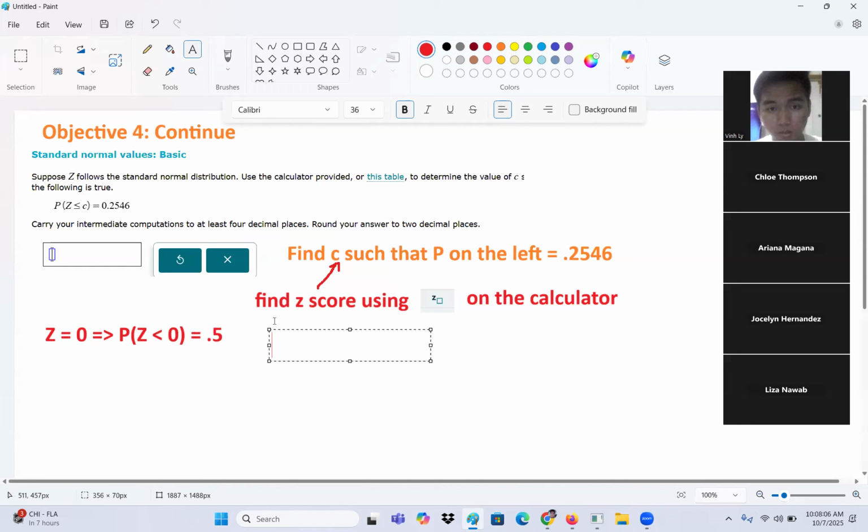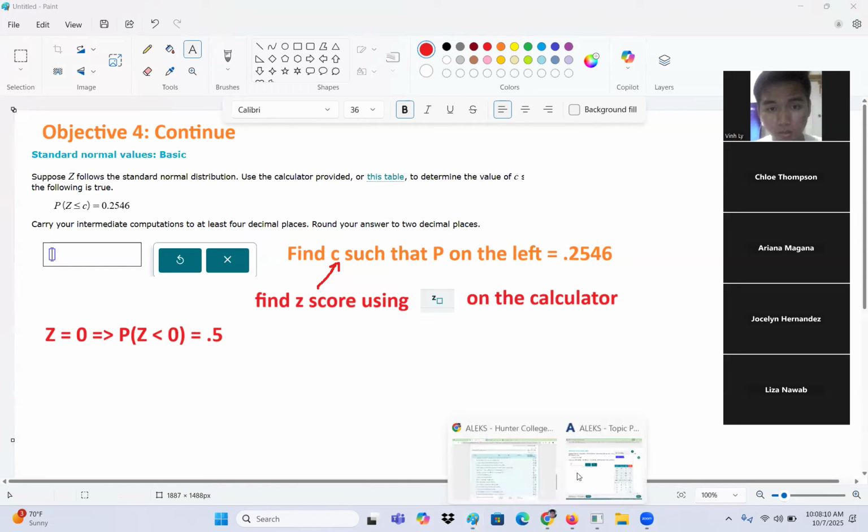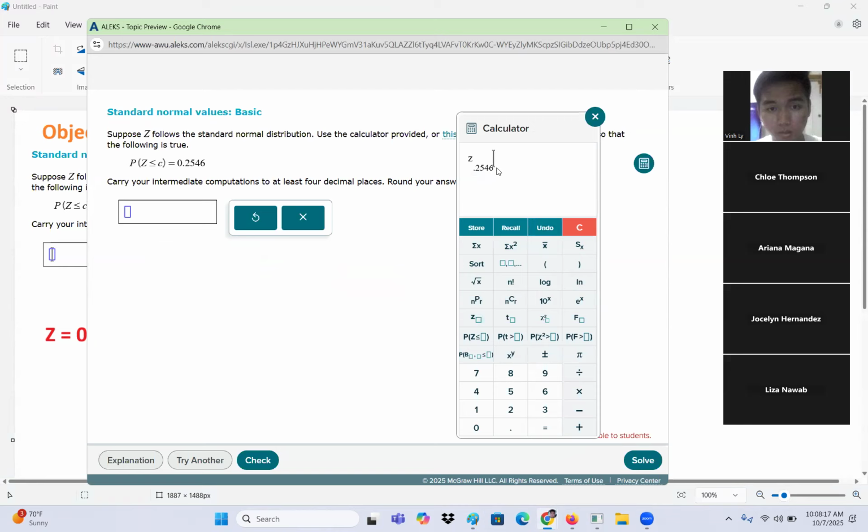So you can always take 1 minus to find the less than. But when you want to find the z-score of 0.2546 and you hit enter, you get 0.66, and 0.66 doesn't seem to be on the left side, so you have to change the side.